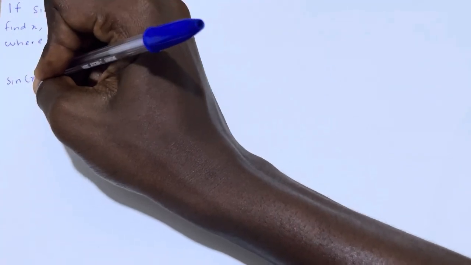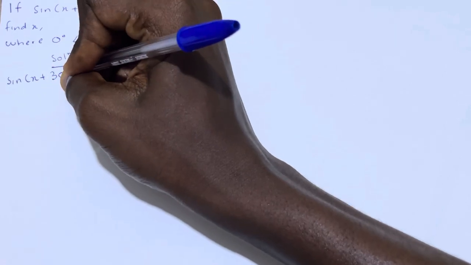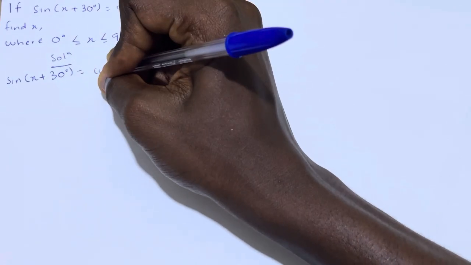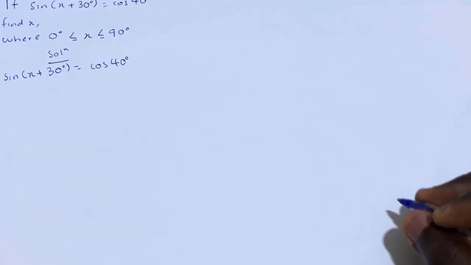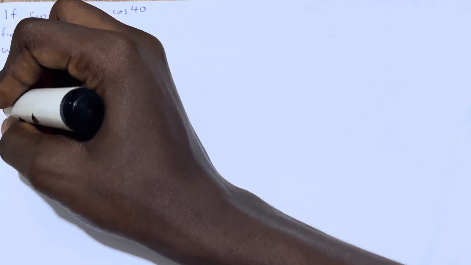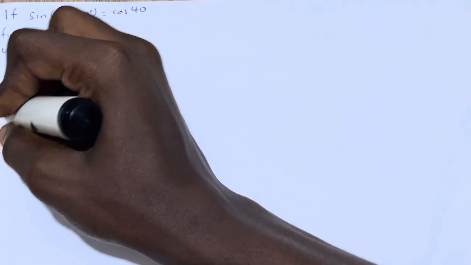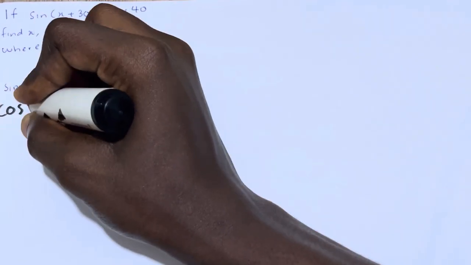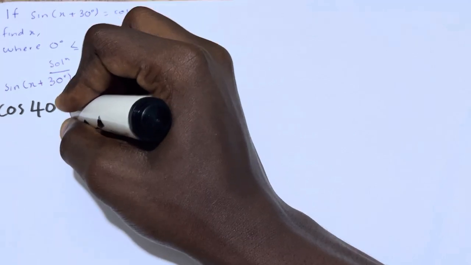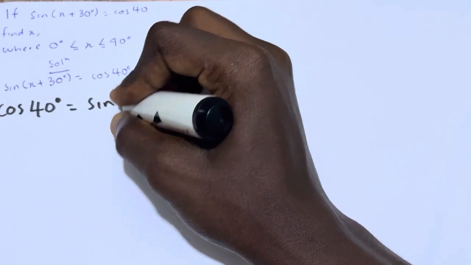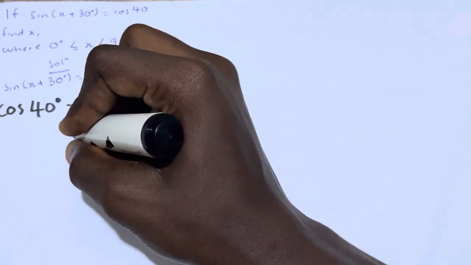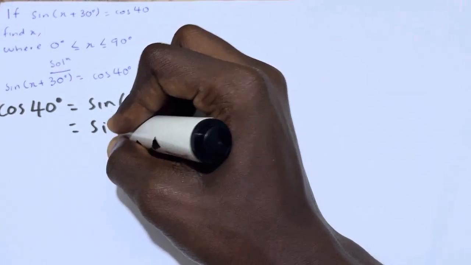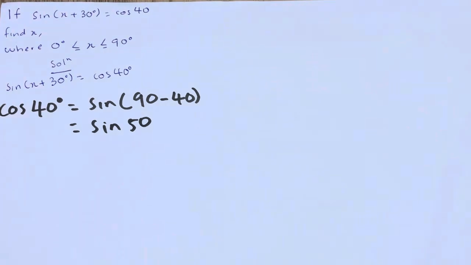So sine of x plus 30 degrees is equal to cos 40 degrees. We are about to change the cos to sine. We can say that cos 40 equals sine of 90 minus 40. So we have this to be sine 50.